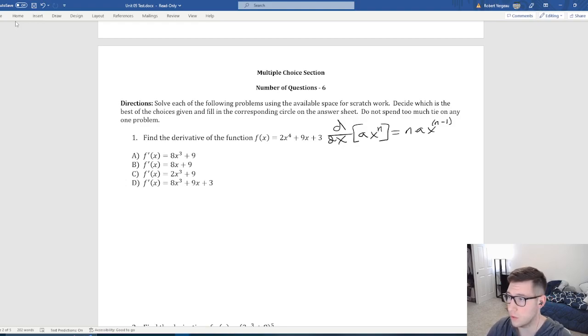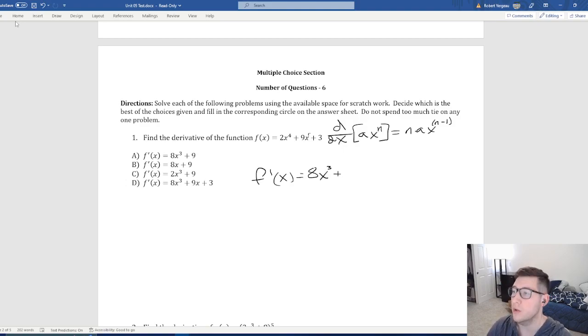And so if we're taking a look at this, f prime of x should just be 4 times 2, which is 8x to the, well, now the new power is the old 4 minus 1, so 3. So 8x cubed plus, the power here is 1, right? We don't really talk about the fact that that's 1, but it is 1.